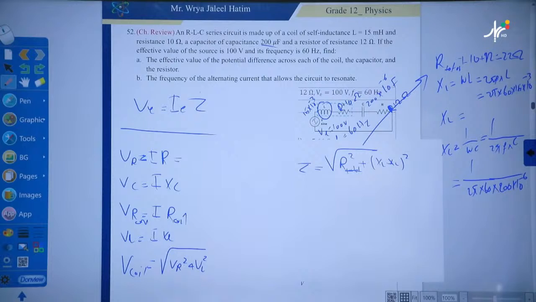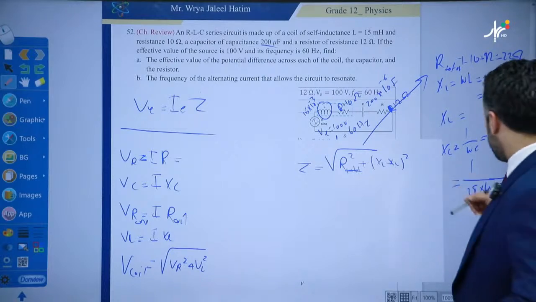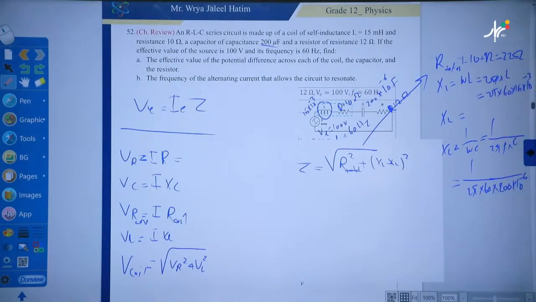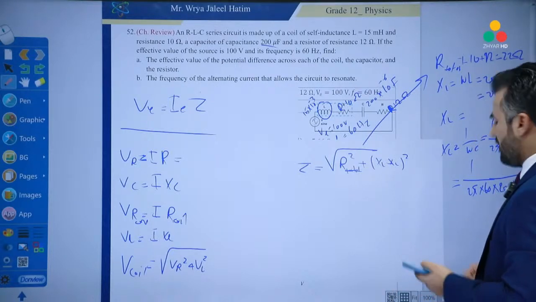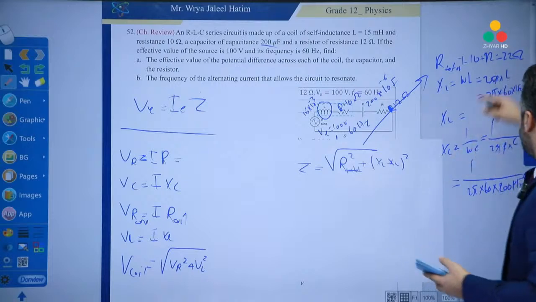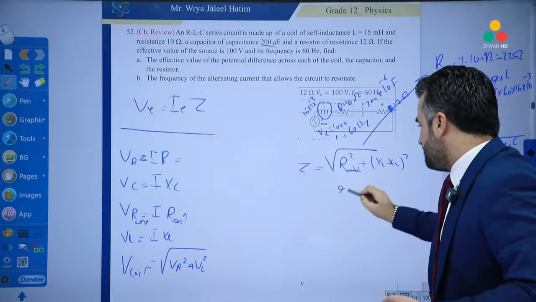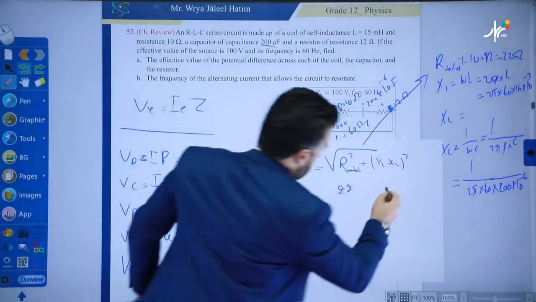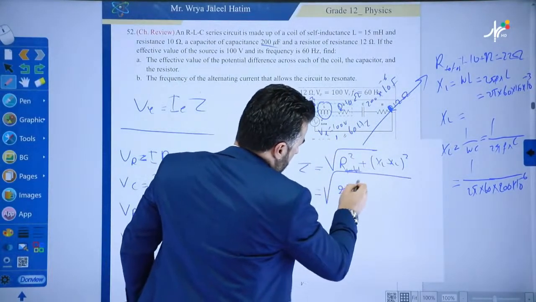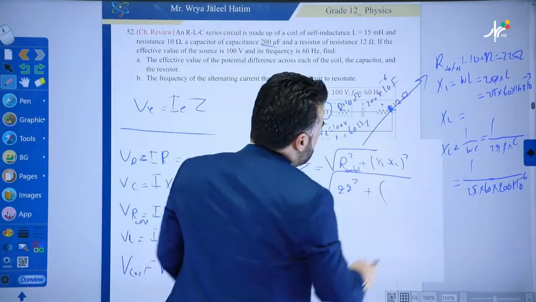Now, let's get into some numbers. I didn't want to spend time doing this, but let's do this properly since we began. So 22, and then XL.